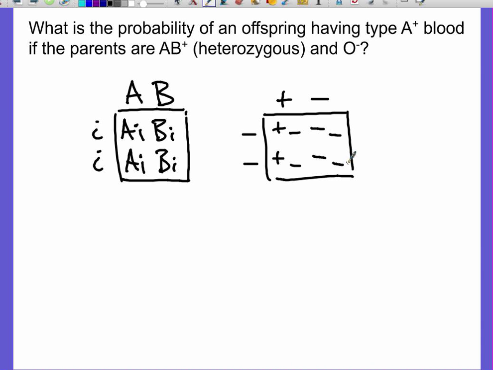I want to know what the probability of having an offspring with type A positive blood is. So I have to look at both Punnett squares to get this answer. In the first Punnett square with the letter type, the two offspring on the left are going to be A, the ones on the right are going to be B. So the probability of being that type A is going to be 1/2.